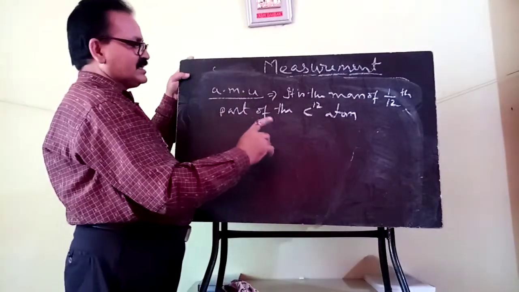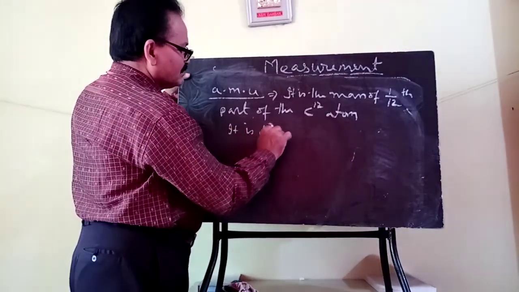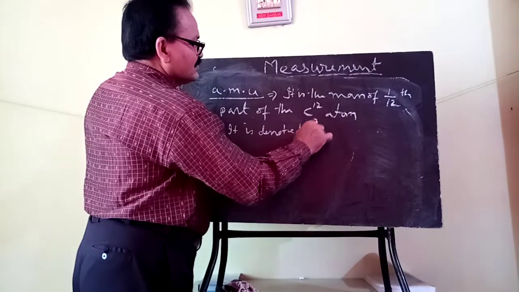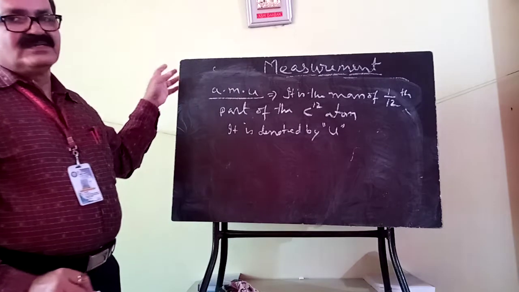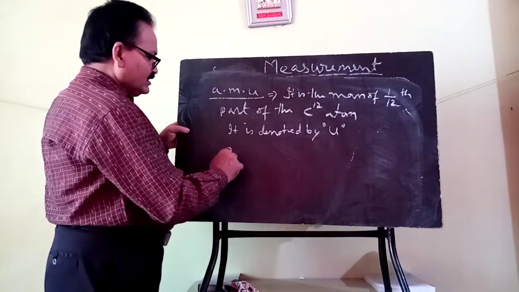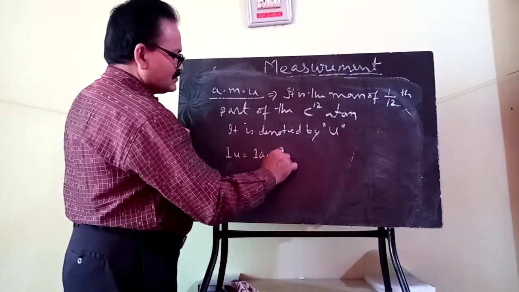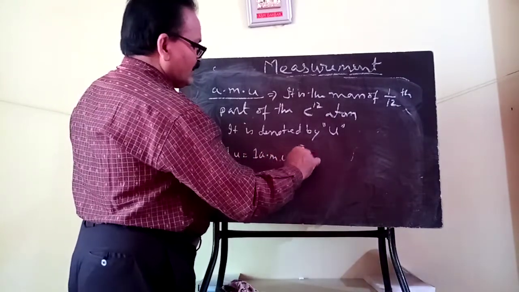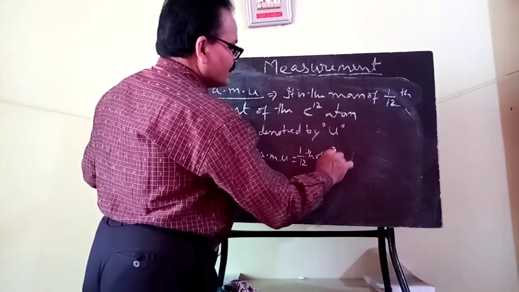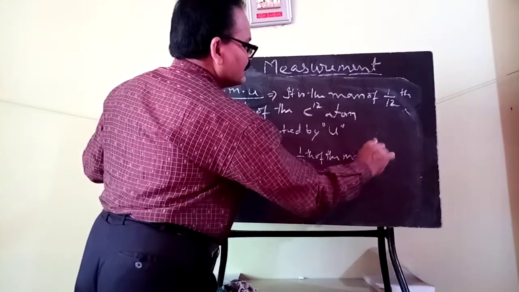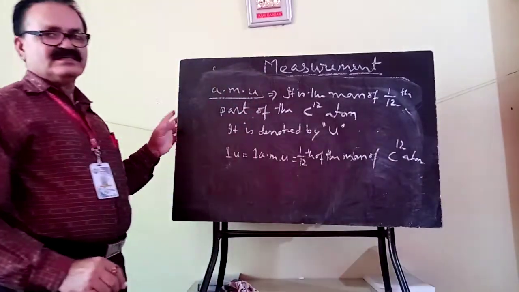It is denoted by a small u. So 1 u means 1 AMU, which is equal to 1/12 of the mass of a C12 atom. Okay, clear?